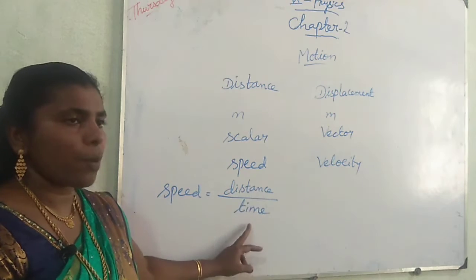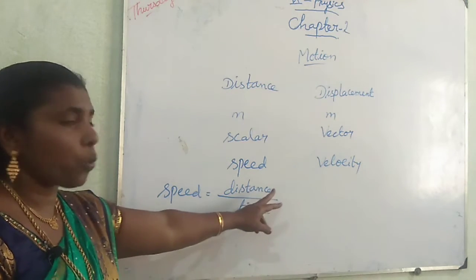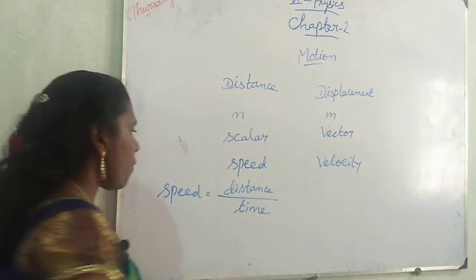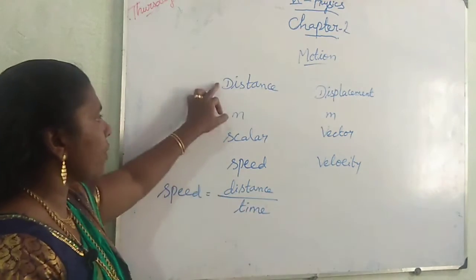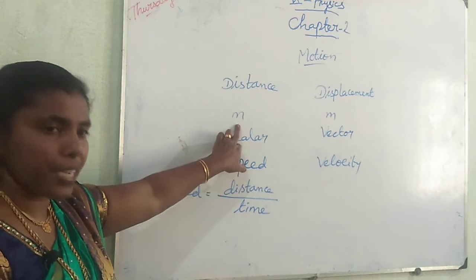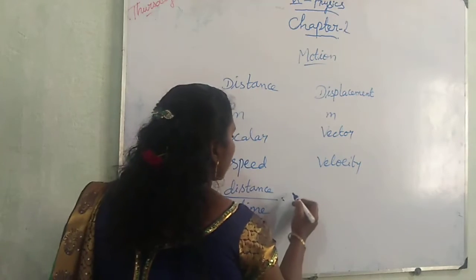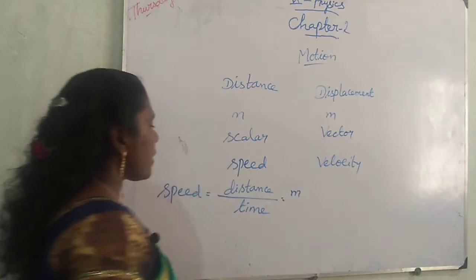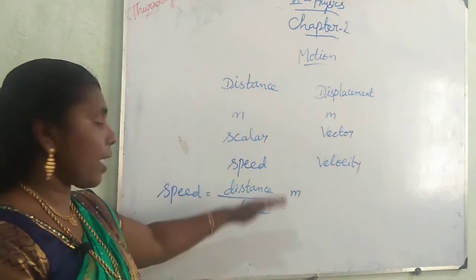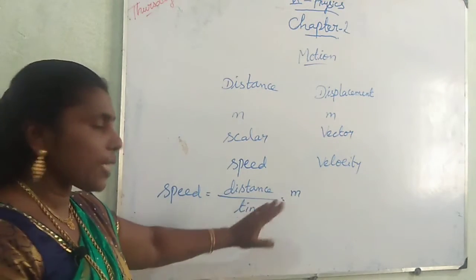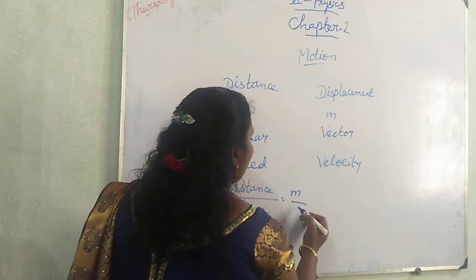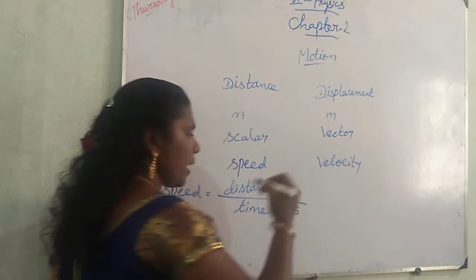By using this formula, we can write the unit. What is the unit of distance? Already we have learned, meter. So just write m. Then what is the unit of time? We learned in the first lesson. What is the unit of time? Second. So here, divided by second, denoted by the letter s.